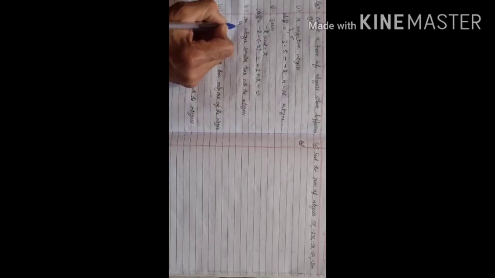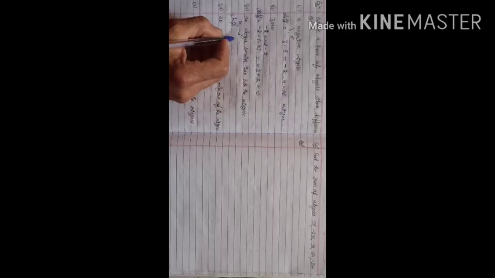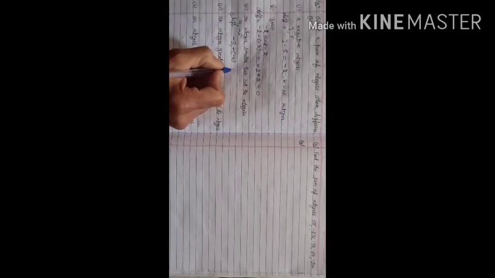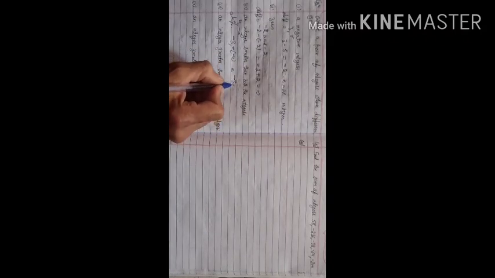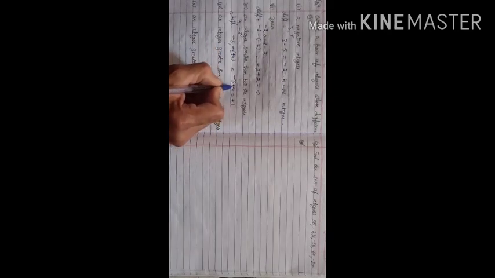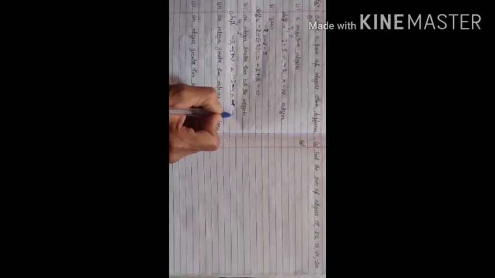equal to 0. Next is write a pair of integers whose difference gives an integer smaller than both the integers, like 4 and minus 3. Difference is minus 3 minus 4, that is equal to minus 7.